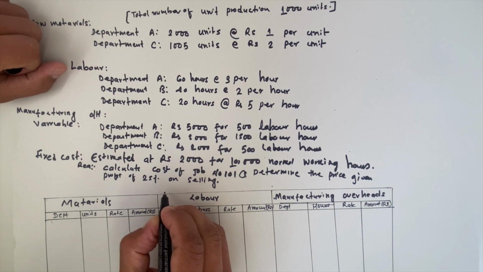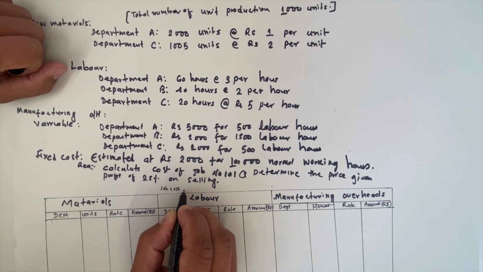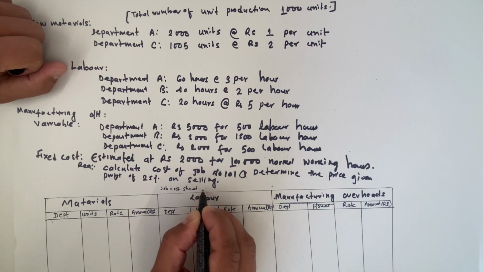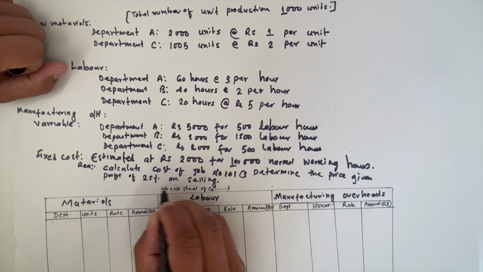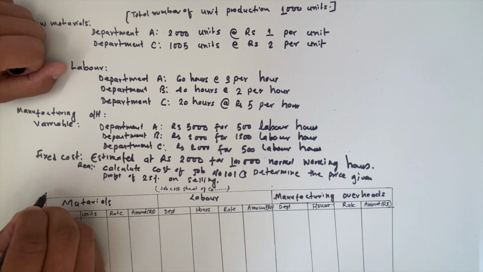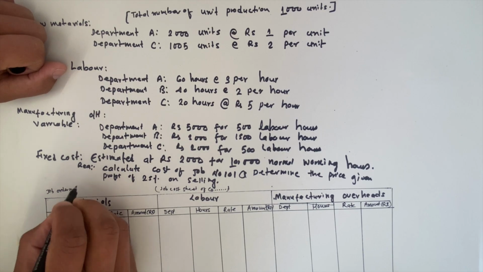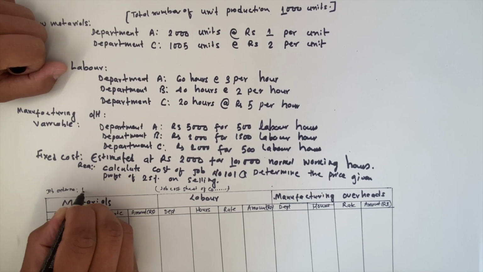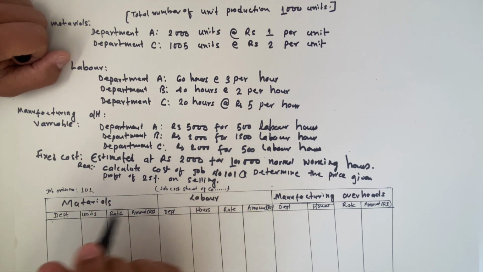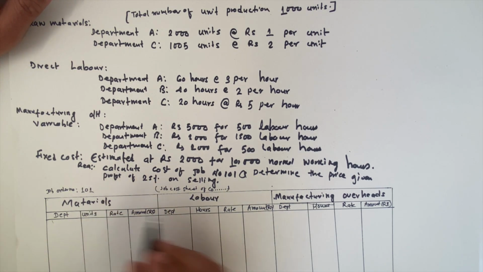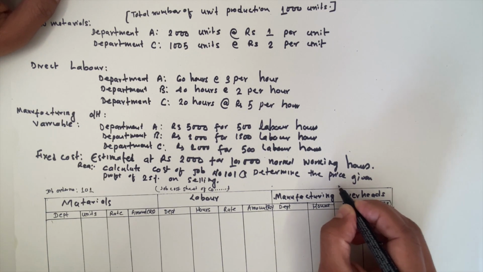Firstly, let's take the heading here: job cost sheet of company. Then we know that job order number is 101, given here, and over here it is given date of completion.